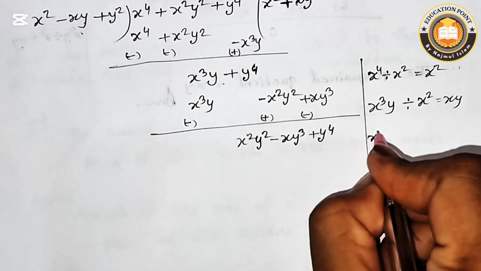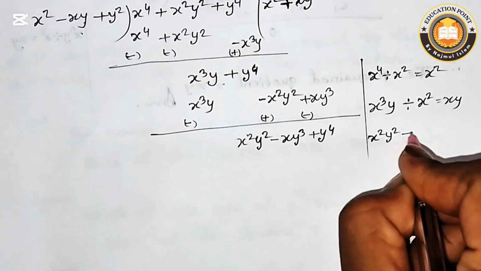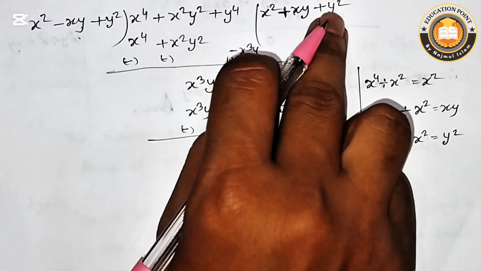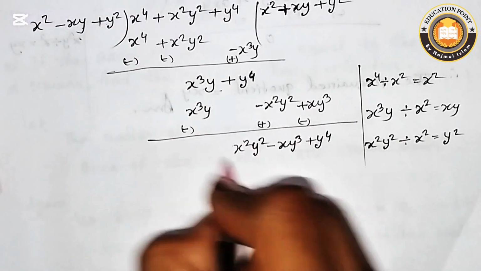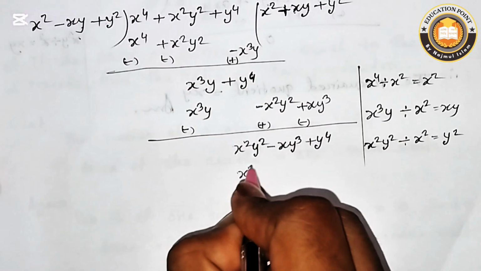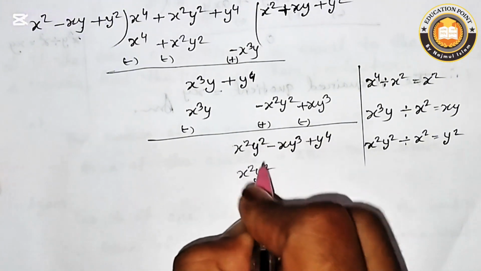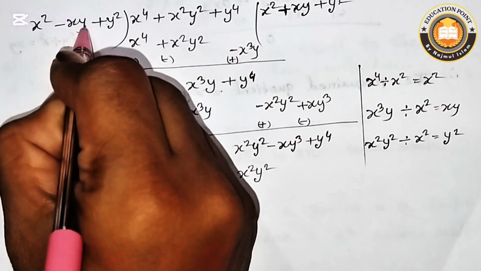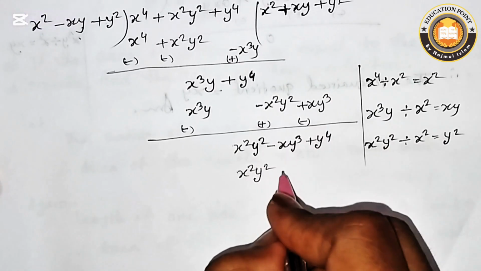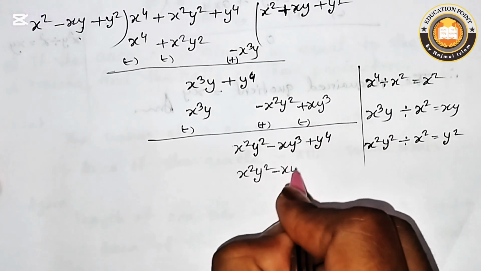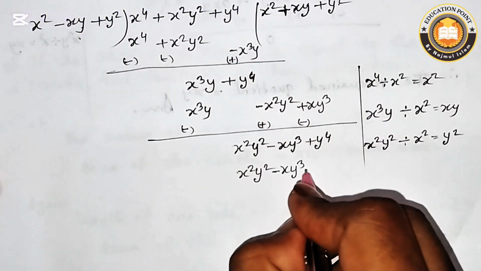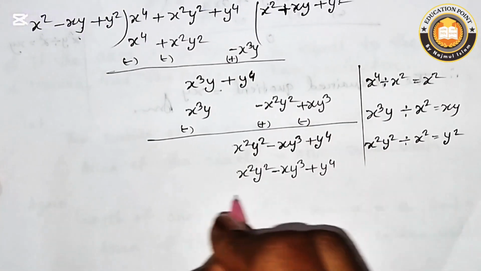Now x square y square divided by x square equals y square. Y square multiplied with x square means x square y square. Y square multiplied with minus xy equals minus xy cube, then plus y square equals plus y to the power 4.